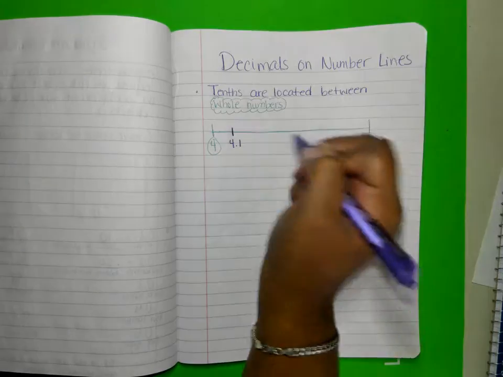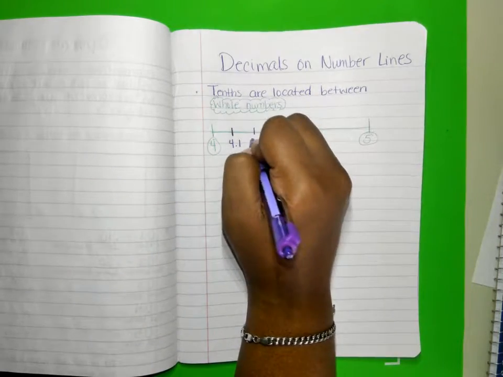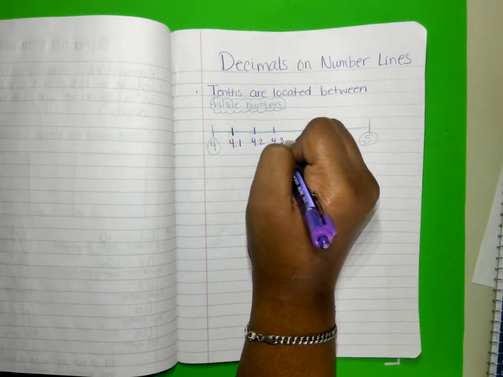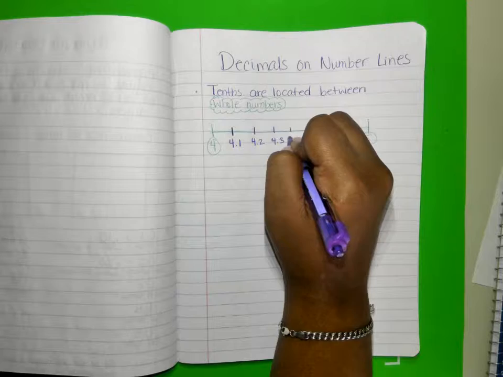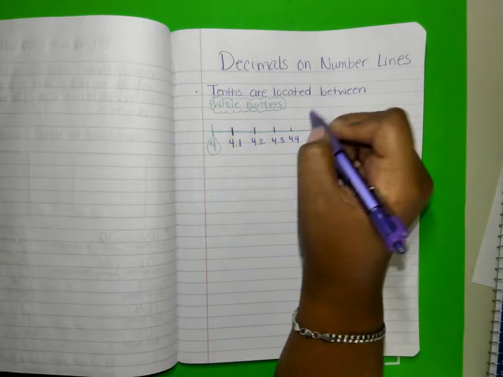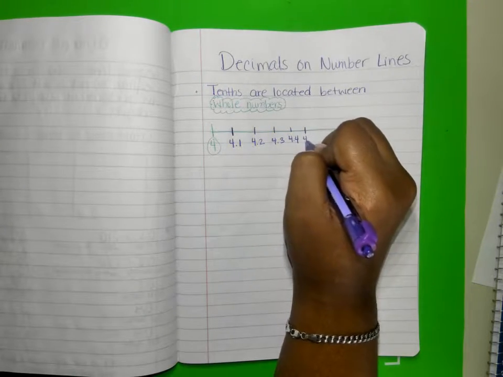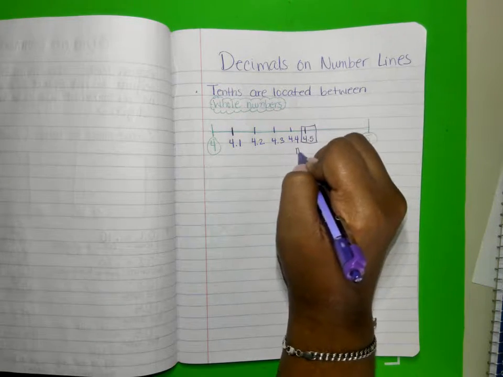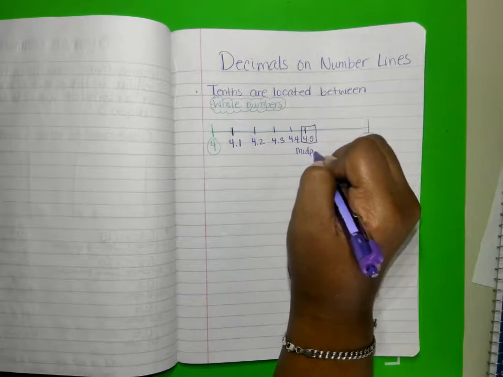So we started out with 4 and 1/10, 4 and 2/10, 4 and 3/10, 4 and 4/10, 4 and 5/10, which is also our midpoint.